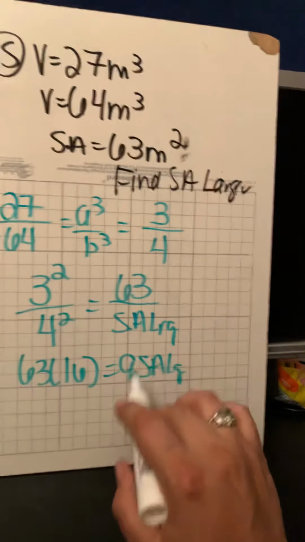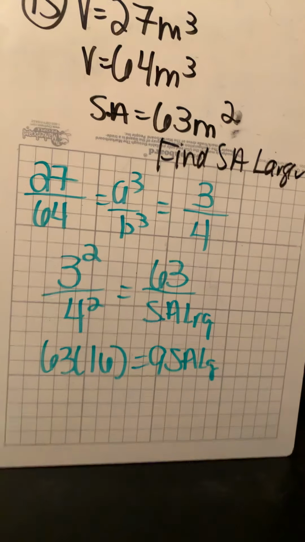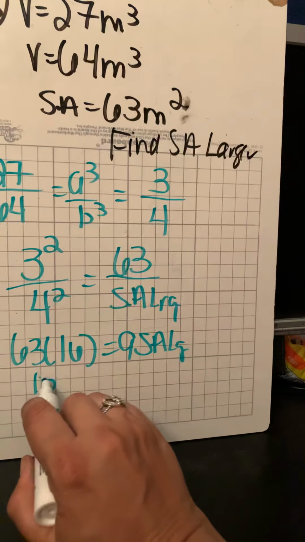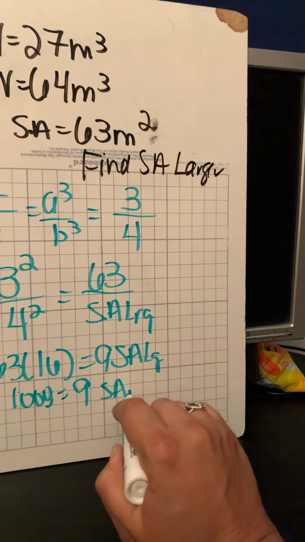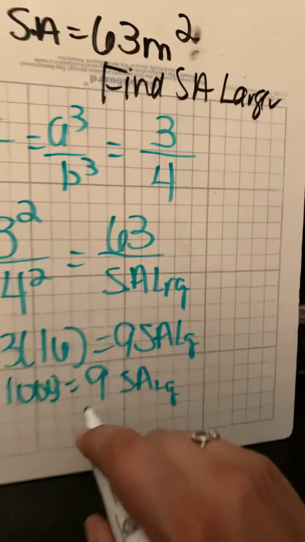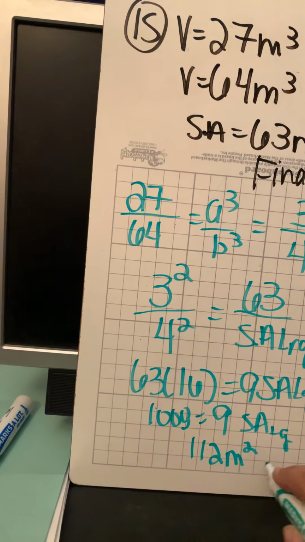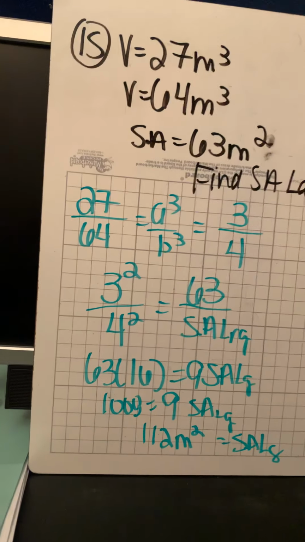I'm doing it a little bit better on this side so you can see the work that I did. So 63 times 16 is 1,008 equals 9 times the surface area of the large. Divide by 9 and I get 112. The units are meters squared, the surface area of the large.